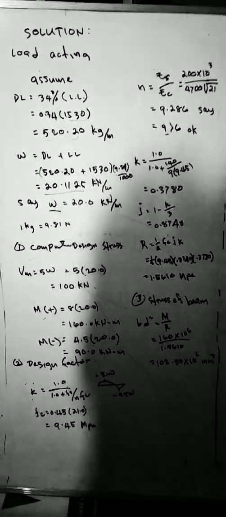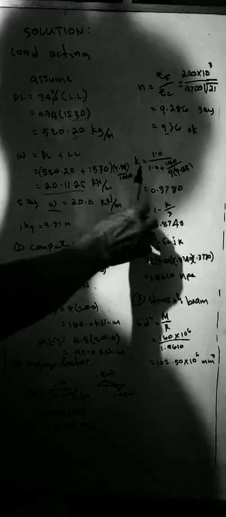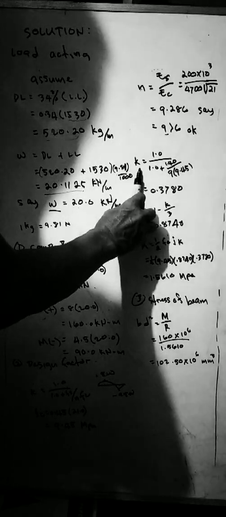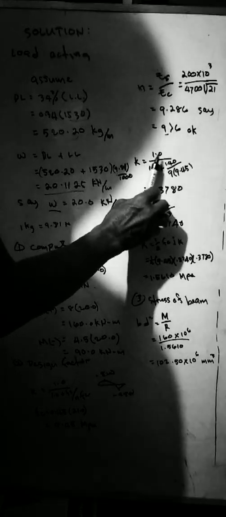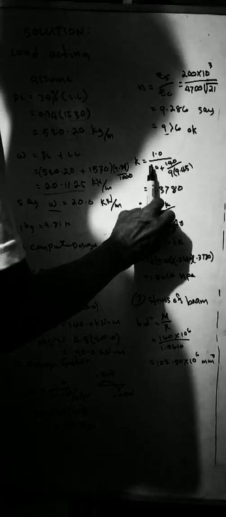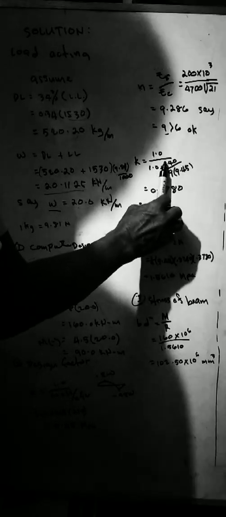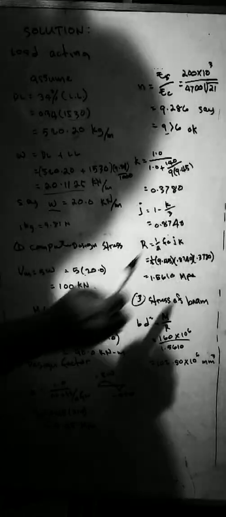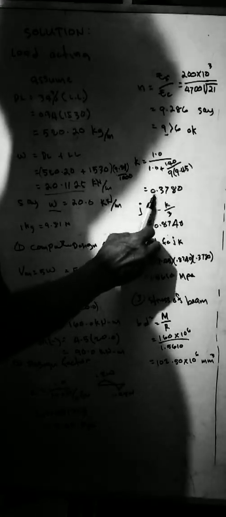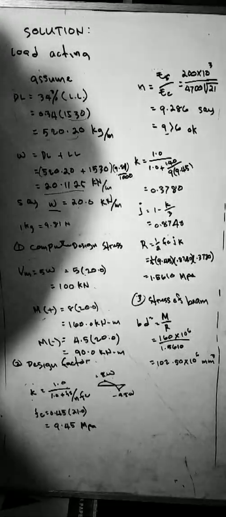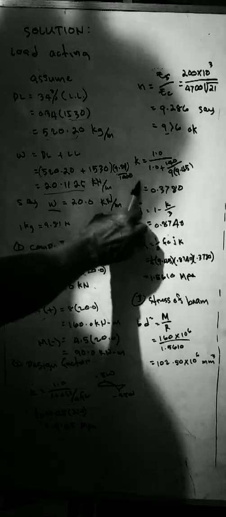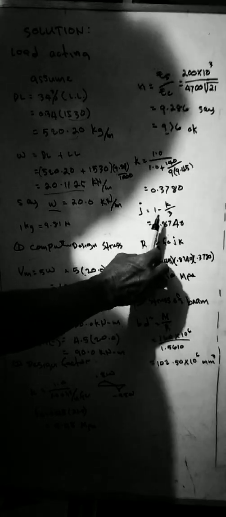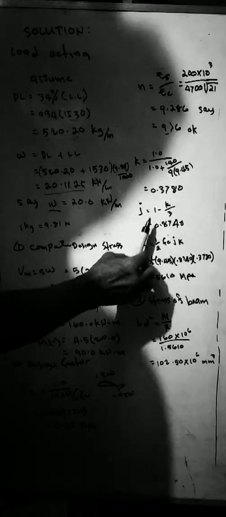After that, we compute the value of the K, design factor. 1 over 1 plus this, 9.45, will give us 0.3780. Okay, that is the K factor. And the j is equal to 1 minus k over 3.